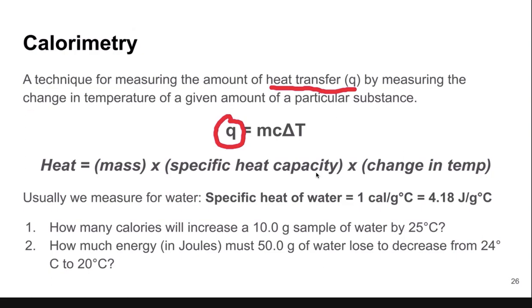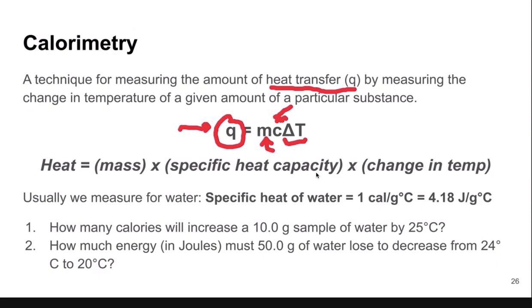It's how much heat did it gain or lose inside a reaction. And you find that by taking the mass, multiplying it by something we call the specific heat capacity, which I can talk about more in a second, and the change in temperature. So it's three quantities multiplied together.